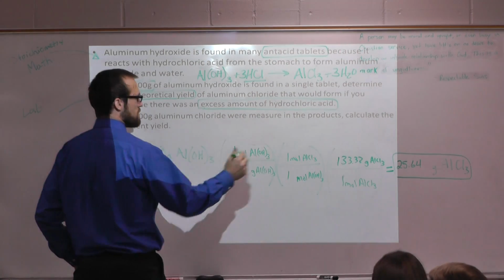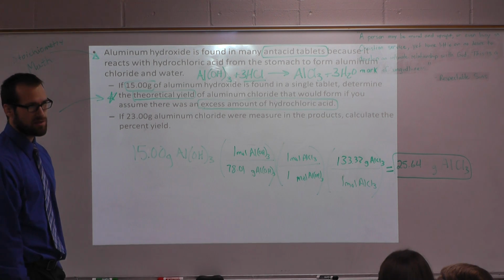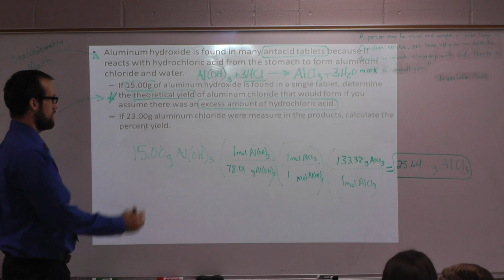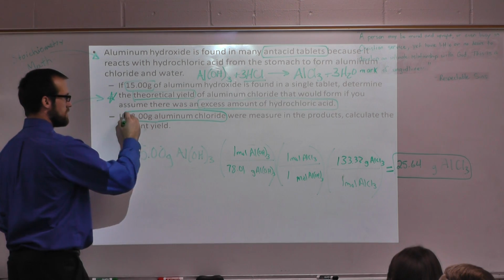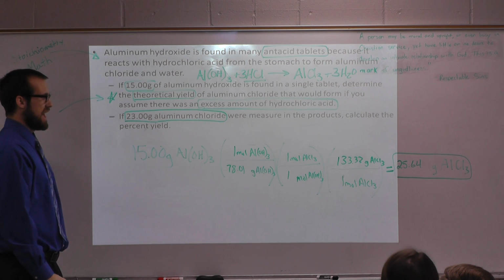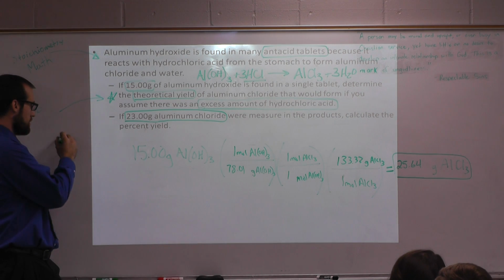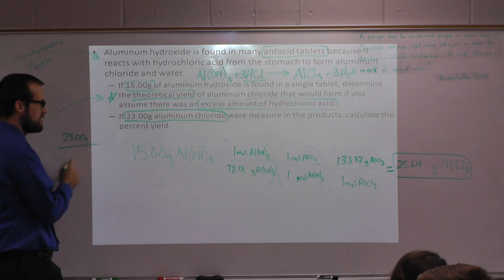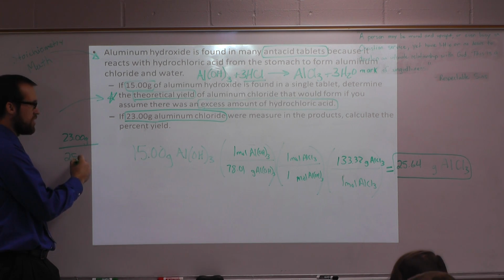So this would be the answer to question 1. How do I answer question 2? So just divide by... because this is the what? Here, choose one, please. What is this? The actual. That's what you measure. So you got 23.00 grams of actual divided by what I theoretically should get, and it makes sense that that number's smaller.